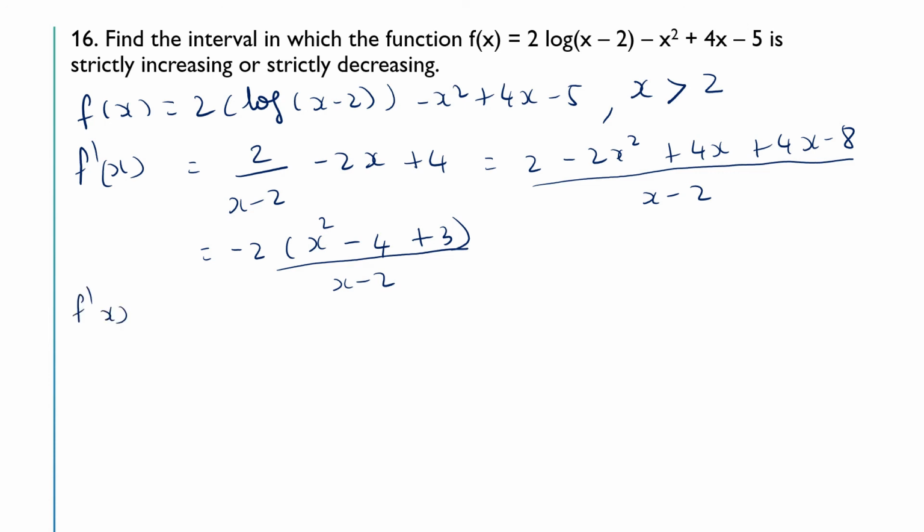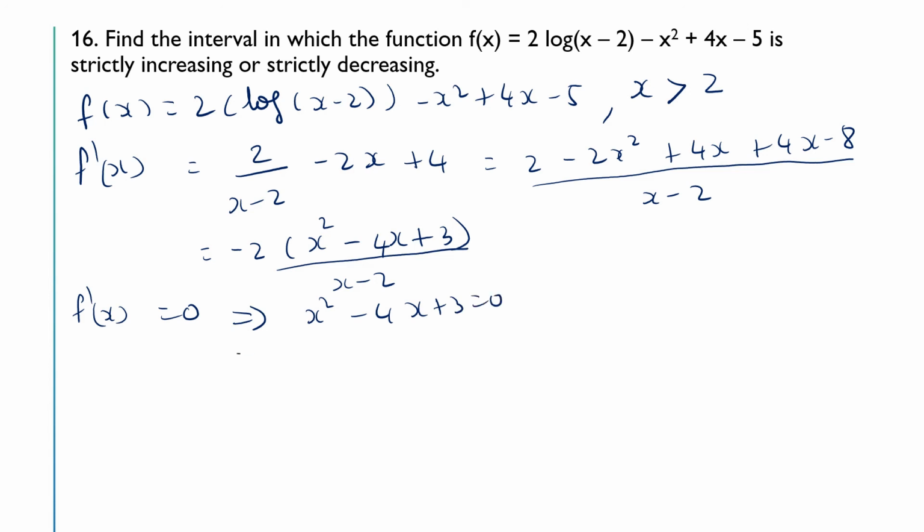Now f dash of x equal to 0 implies, if this is equal to 0, it means x squared minus 4x plus 3 equal to 0.